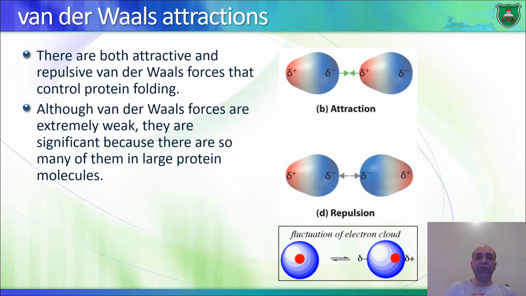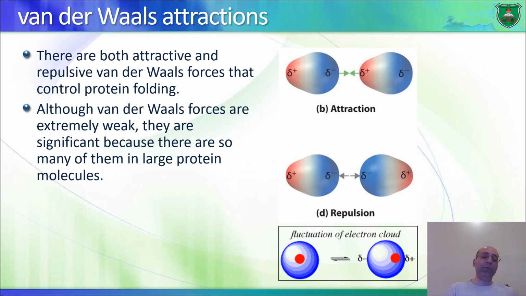At any certain fraction of a second, you have these electrons positioned on one pole of an atom, so you have a partial positive charge right here, and at the same time you can have electrons clustered at one pole of another atom, and you can have this attraction between them. But this is all transient, and they change quickly. Or you can have repulsion as well. So you can have this attraction or repulsion.